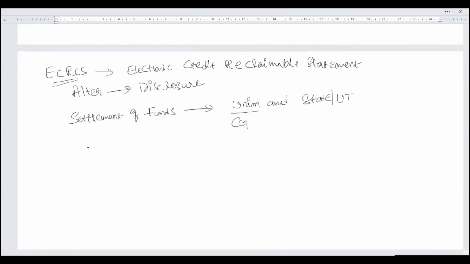The government said that, look, when the registered person has made a purchase, he has a choice to claim input tax credit or not to claim input tax credit.